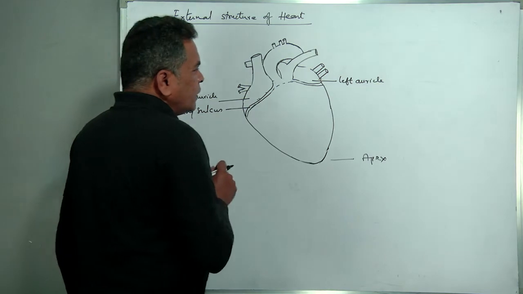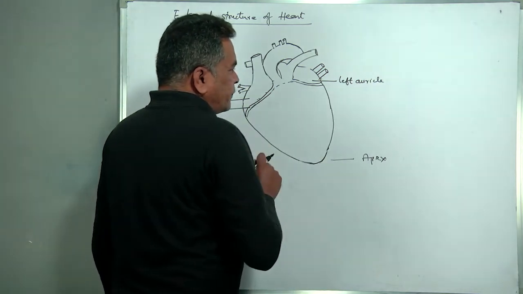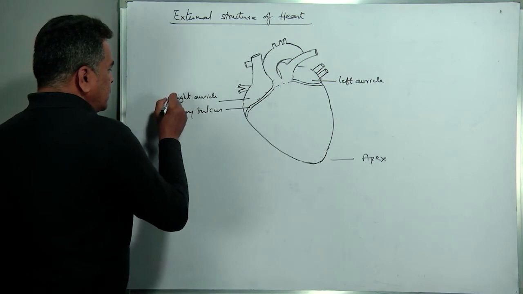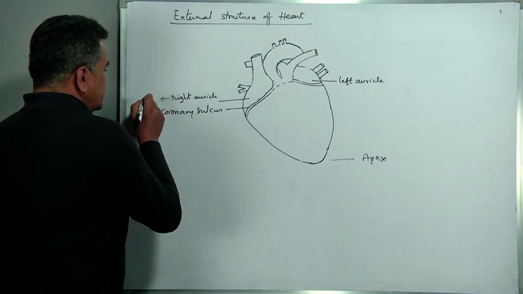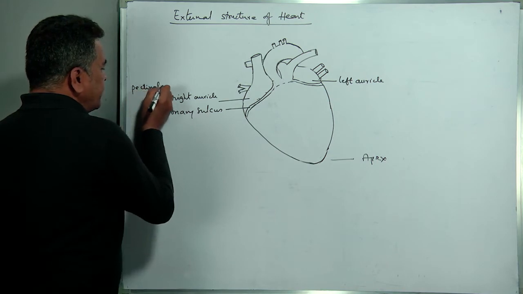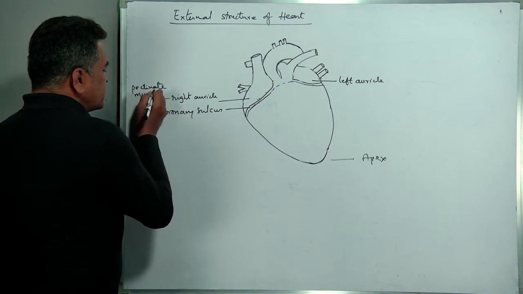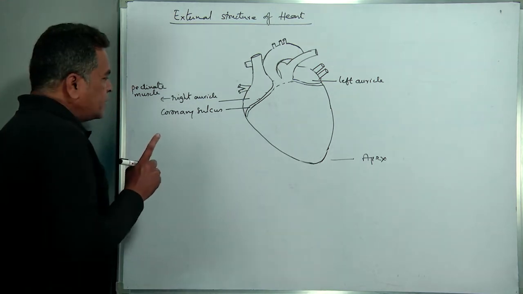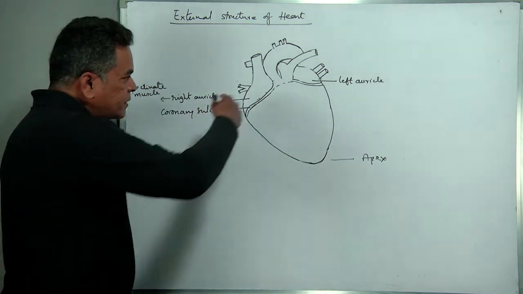This is the right auricle; likewise, you find the left auricle. In the right auricle, you find the presence of pectinate muscles on the anterior surface.